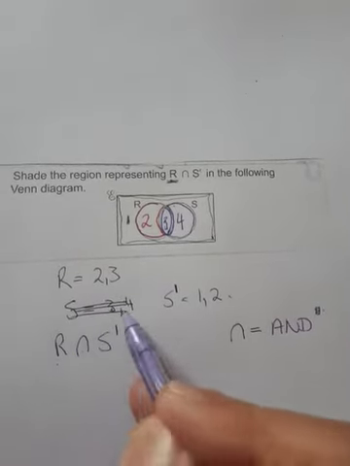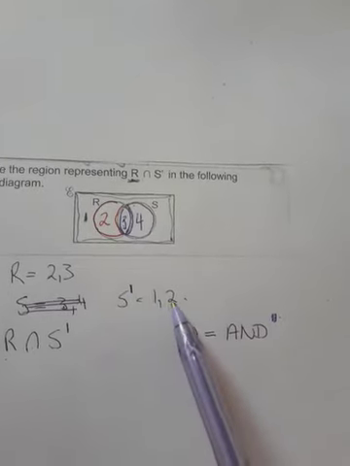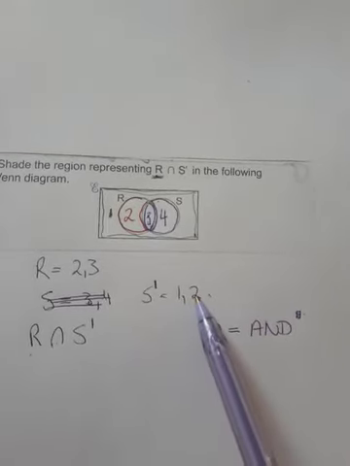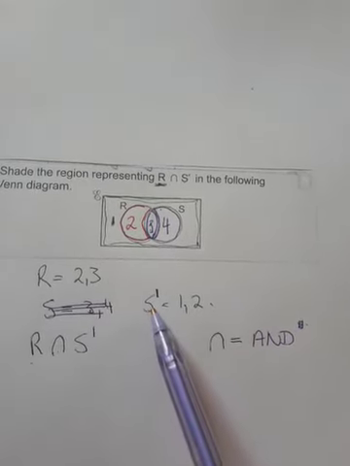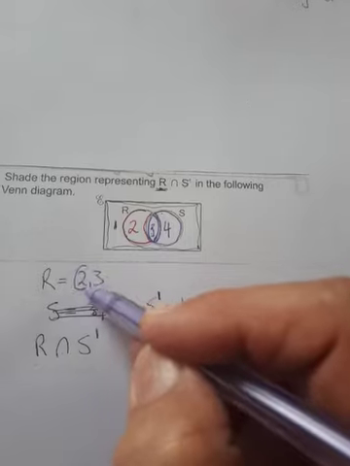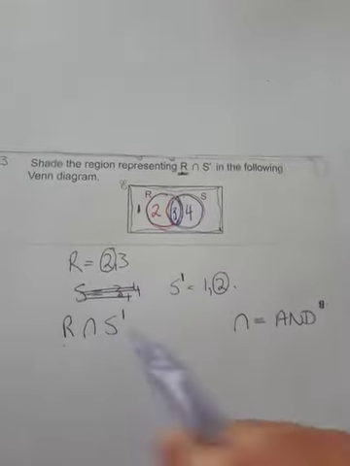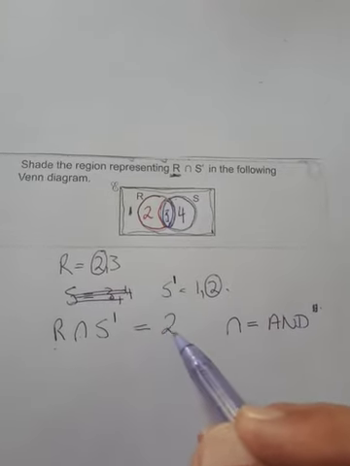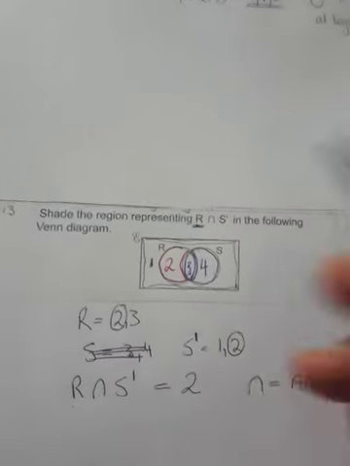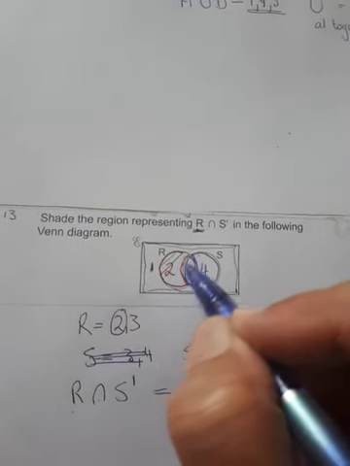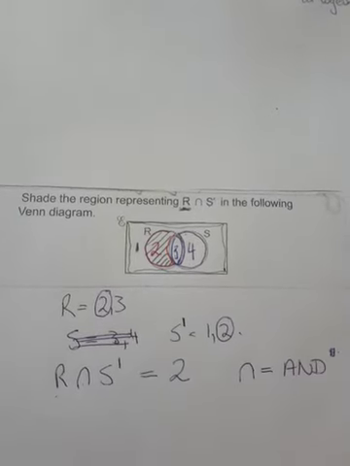Remember, S we're going to cancel because we're not needing this. S complement is 1 and 2. So which region is in R and S complement? It is only 2, isn't it? So R intersection S complement is region 2 only. And you will therefore color only region 2.